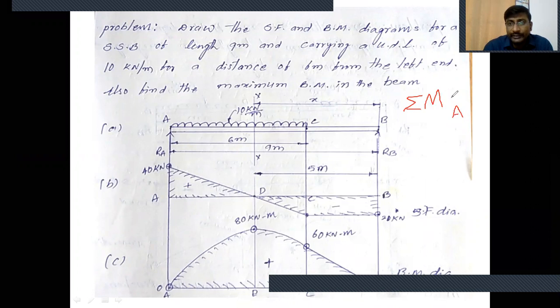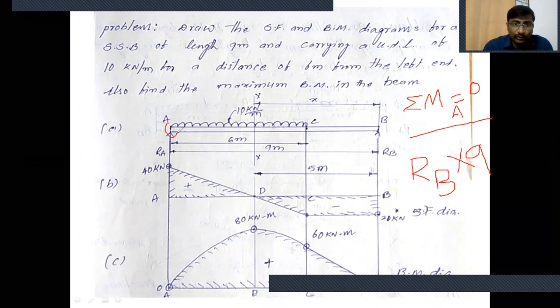RB is the reaction force acting in the upward direction, at a distance of 9 meters from point A.